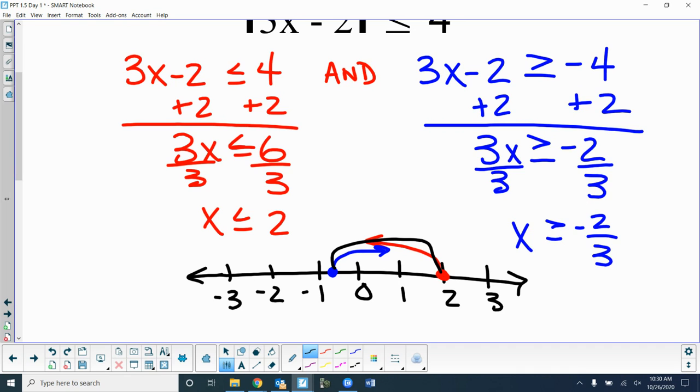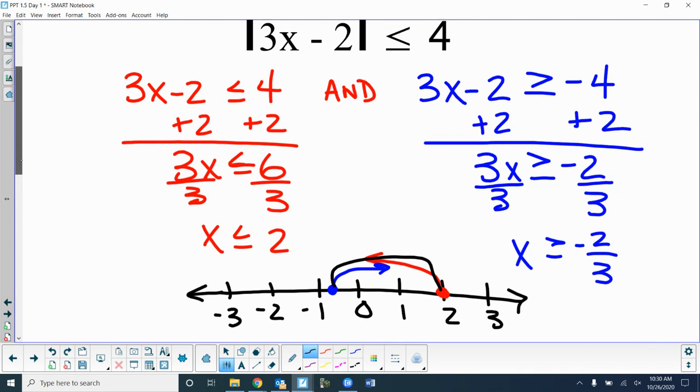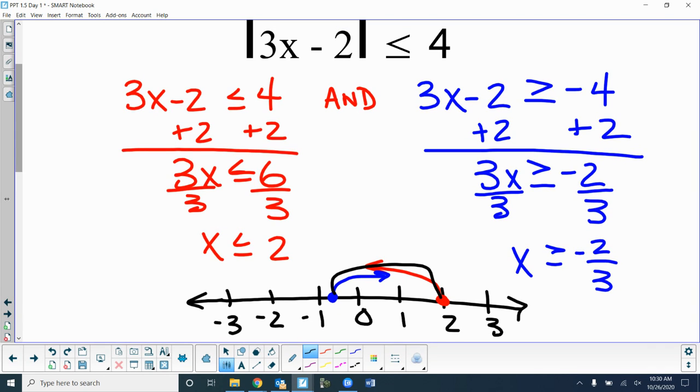Okay? Let's pick one. Let's pick the number 1. What's 3 times 1? 3 minus 2 is 1. What's the absolute value of 1? 1. Is that less than or equal to 4? It works, right? Any number I pick in between there, including the negative 2/3 and the 2, will work. Let's pick 3. What's 3 times 3? 9 minus 2 is 7.